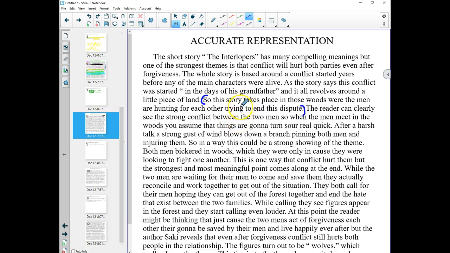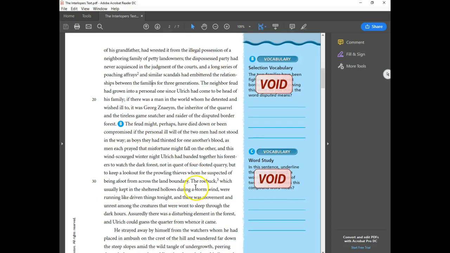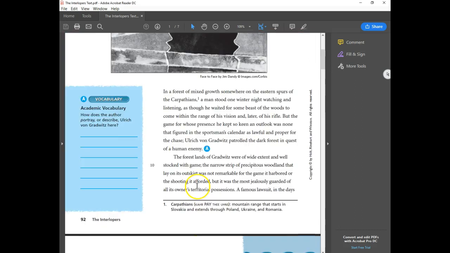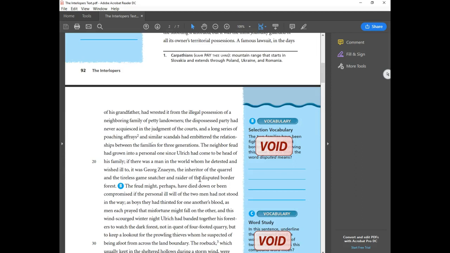He wasn't necessarily looking to try and kill somebody. He just wanted to get them off his land. And if they had to kill them, okay. Now, even if you don't agree with me on that front, we have no idea what George was thinking. This is a third person limited story because we get Ulrich's thoughts.